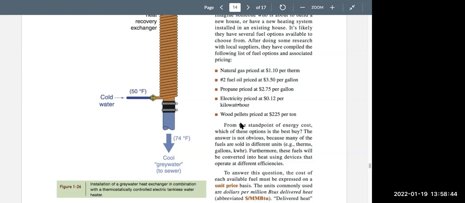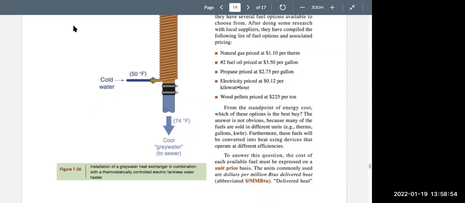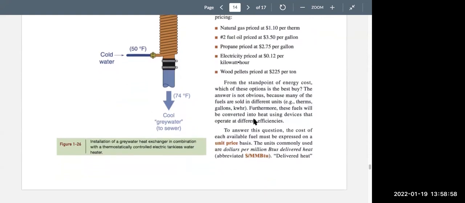So what we need to understand is what the costs are. Like wood pellets could be calculated by ton, by pound. We need to get a way to do this. The textbook, I think, does a really good job of helping you understand this.